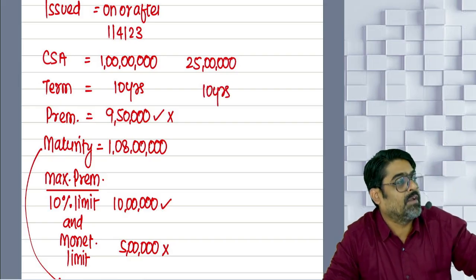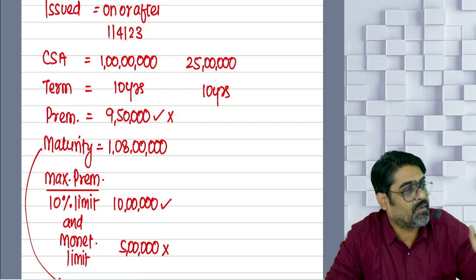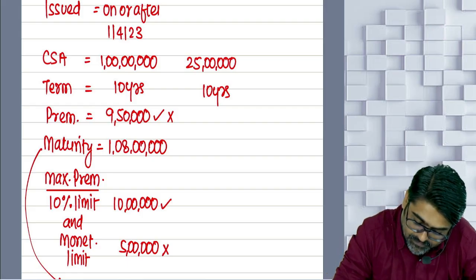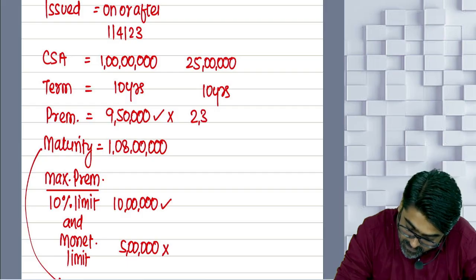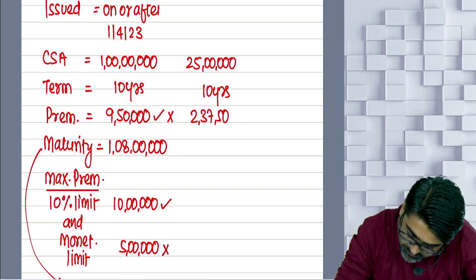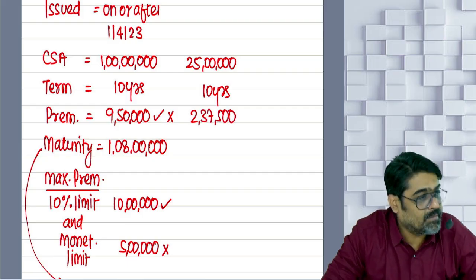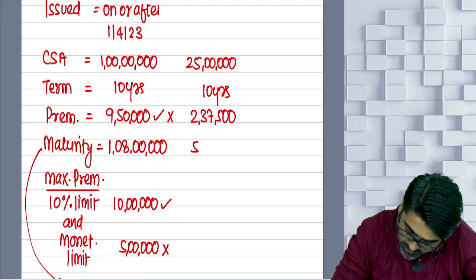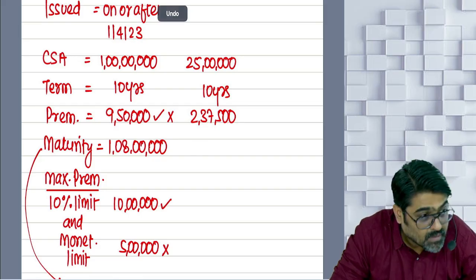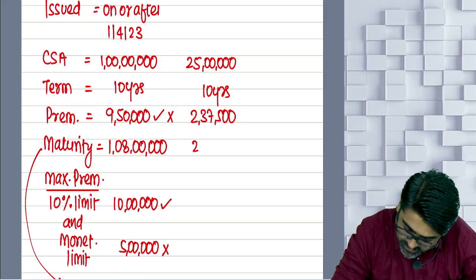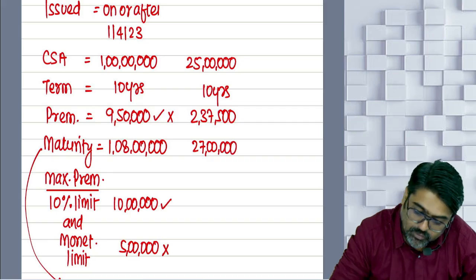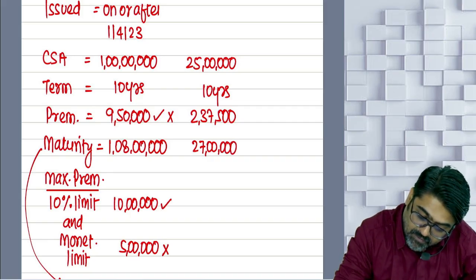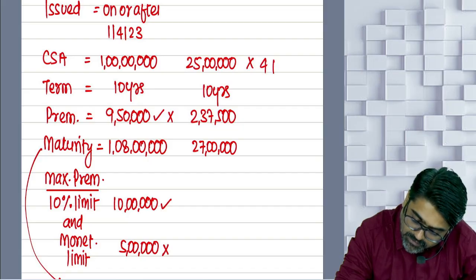And 9 lakh 50 divided by 4 is 237,500. And 1 crore 8 lakh divided by 4 is 27 lakhs. Getting my point? Now see, 25 lakhs into 4 policies I will take.